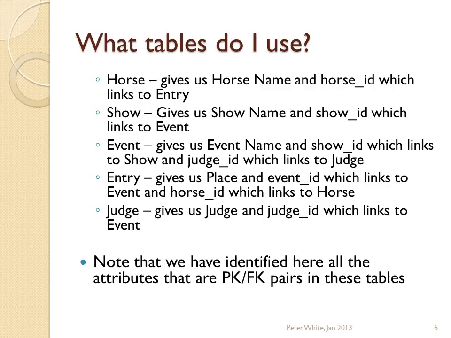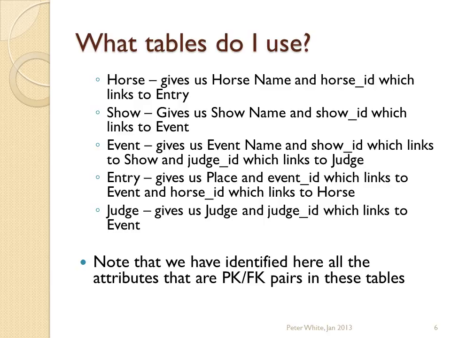So we start off by saying what tables do I use and how do we join these? So we're going to start off by saying horse. Well, horse is the first thing we're looking for. That gives us the horse name, and when you look at horse you see it also gives us horse ID, and that links it to entry. Show, the table show, gives us the show name and also the show ID, which links it to event.